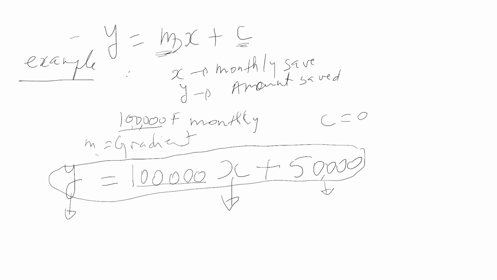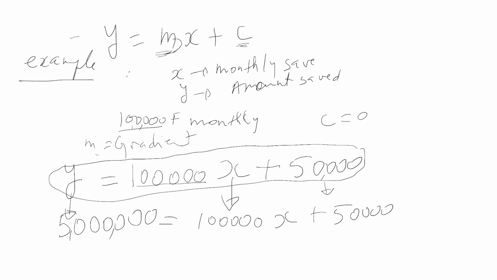Remember, the amount saved is y, which means you replace this y by 5 million, and you calculate how many months it will need to get what? The target of having savings of 5 million.